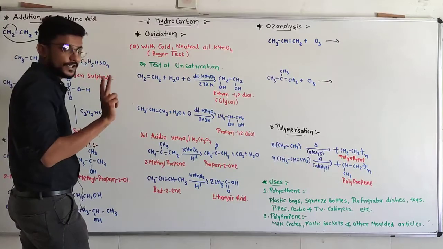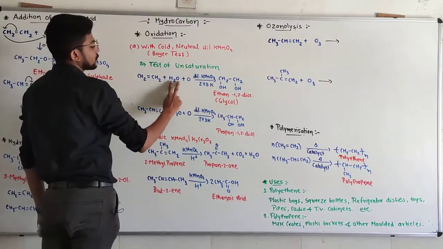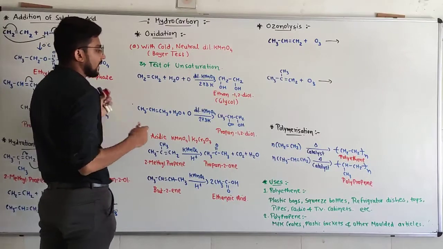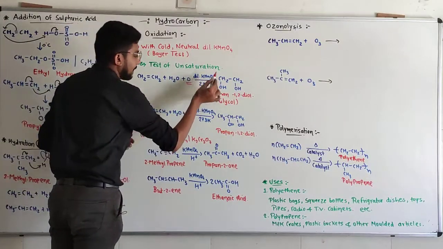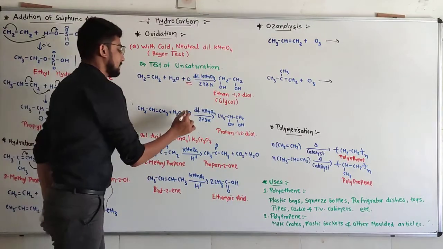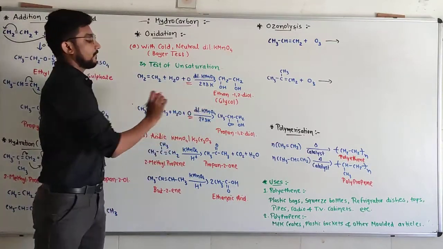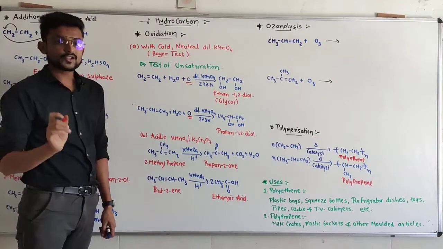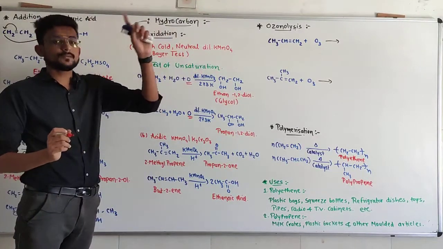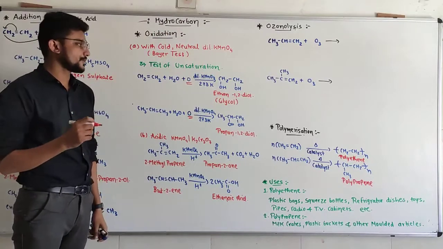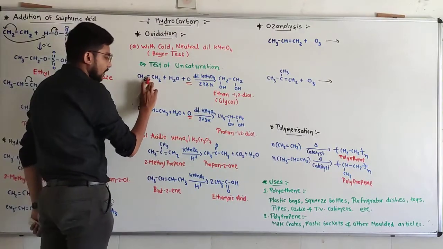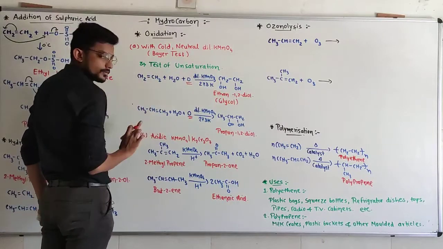So two oxygen and two hydrogen are required, H2O. This newborn oxygen is provided by KMnO4, dilute neutral potassium permanganate or basic potassium permanganate. The pi bond is broken and both carbons get the OH.